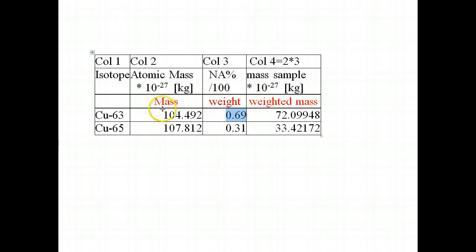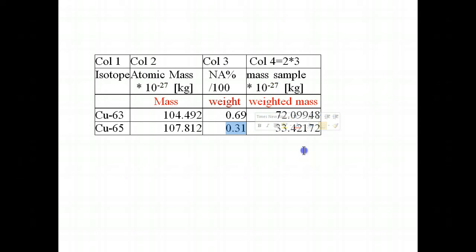And if you multiply now the mass with its weight, you get the weighted mass, which is 72.09948. You do the same for copper-65 with the mass of 107.812 multiplied by 10 to the power of minus 27 kilogram, and the weight is 0.31.